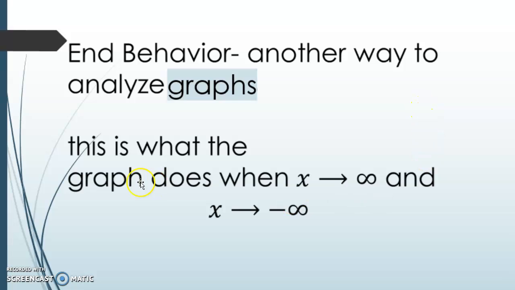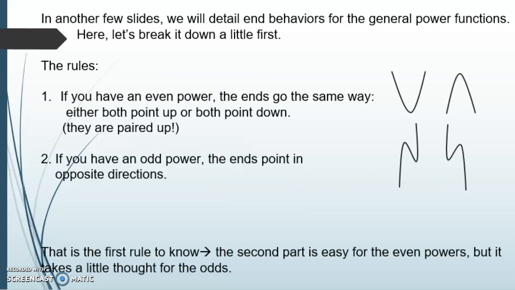End behavior is what the graph does when x is going to infinity. It's getting larger and larger, and x is getting smaller and smaller. So, here are the rules. If you have an even power, an x squared or an x to the 4th, your ends are going to point the same direction.